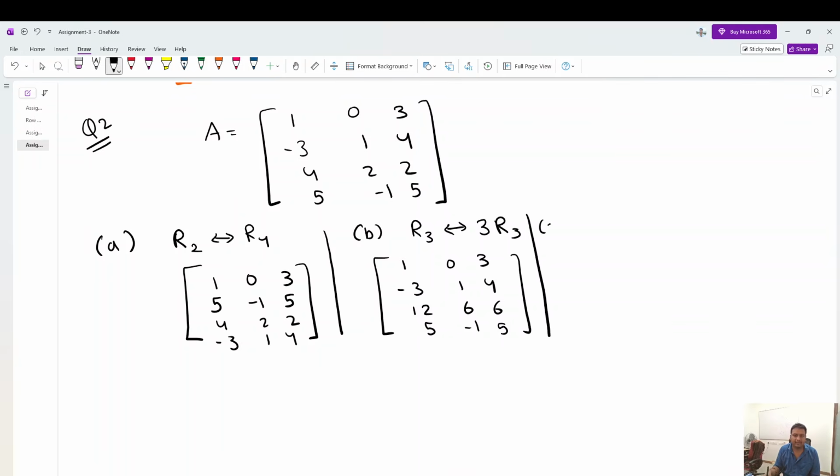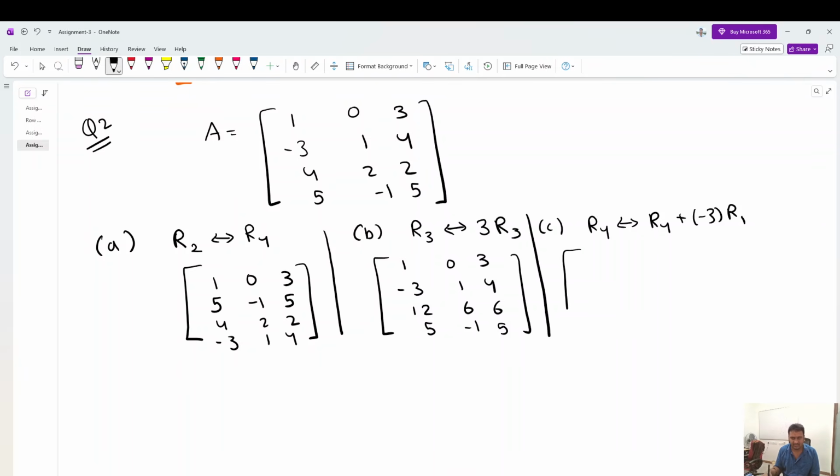Similarly, you have to perform the other operation. What is the other operation? Adding minus 3 times the first row to the fourth. So to the fourth row, you are adding minus 3 times the first row. Now you know how to do this. Shall I do it?